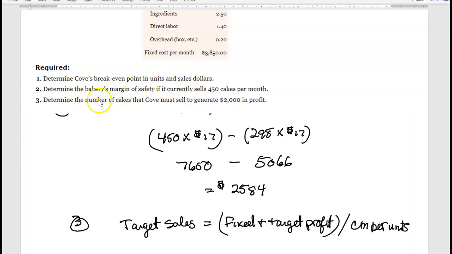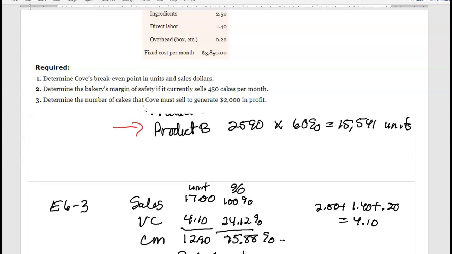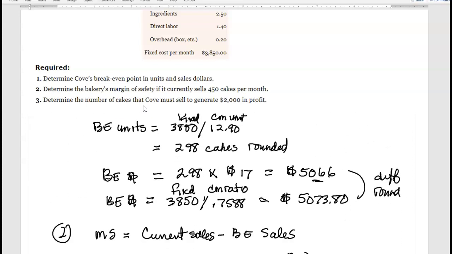It doesn't say the dollar amount of sales, it says the number of cakes. So target sales units is equal to the fixed cost, which is $38.50, plus the target profit of $2,000, divided by the original $12.90.